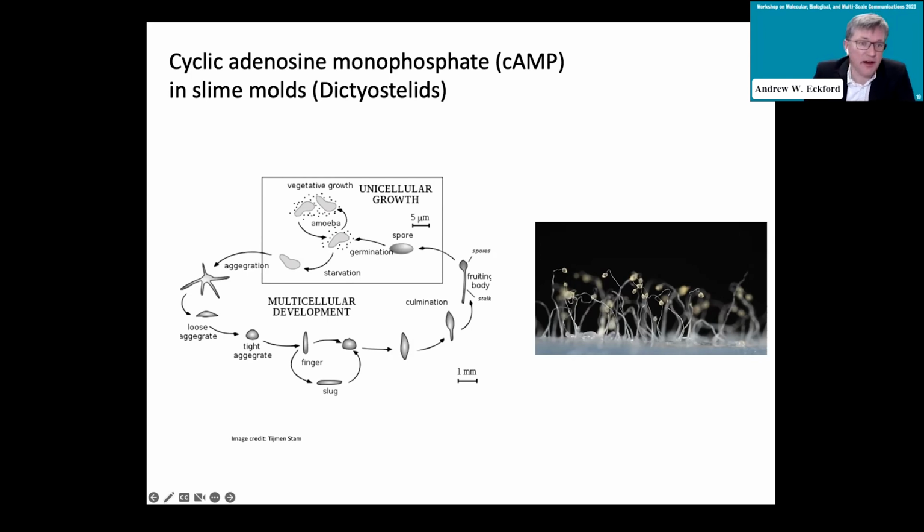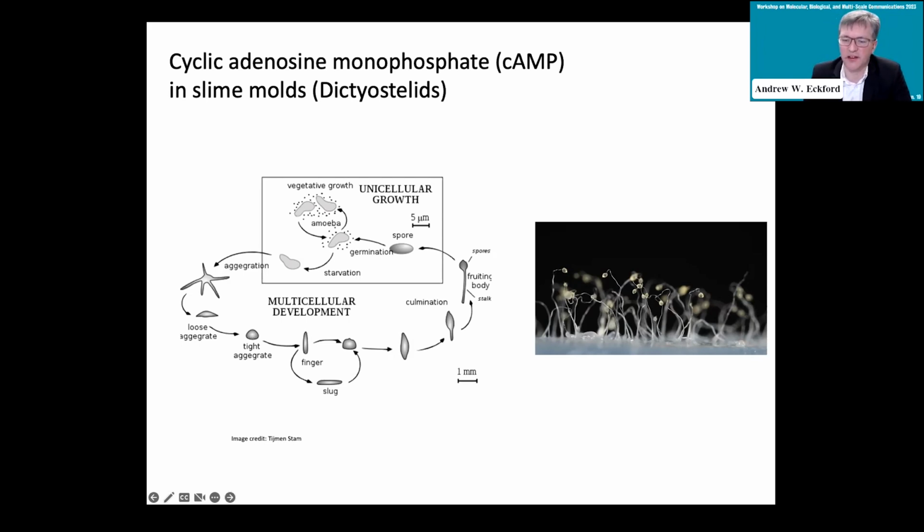If you look at the arrow associated with starvation within that box, once the food starts to run out, then the slime molds engage in a very different behavior. They start to come together. Moving counterclockwise from starvation, they come together into aggregation.